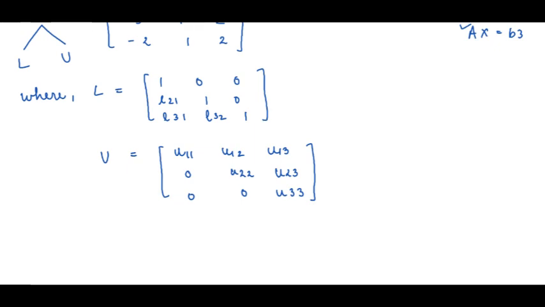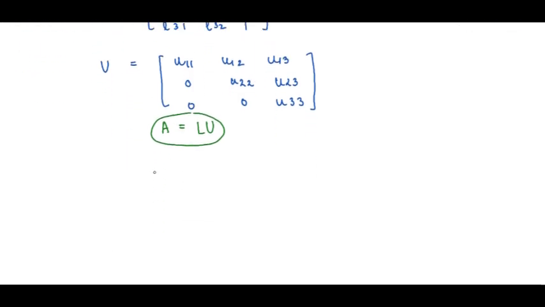The objective of LU decomposition is A equals LU, where L is lower triangular and U is upper triangular. Now let's understand the mathematical idea behind this.